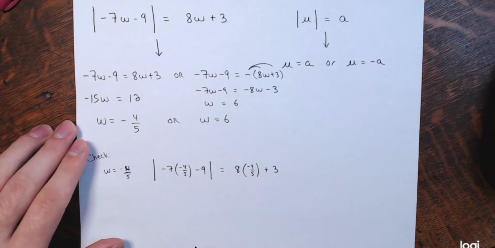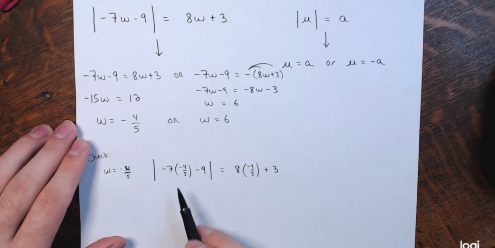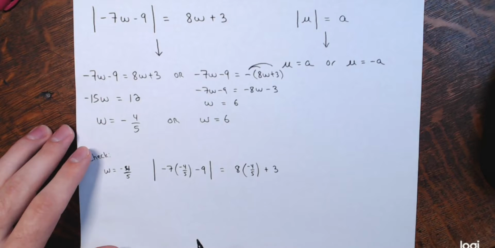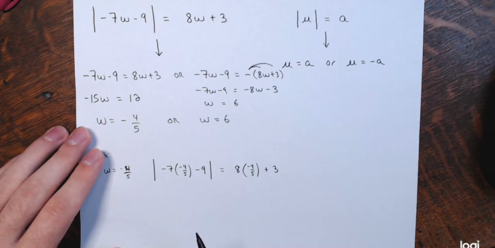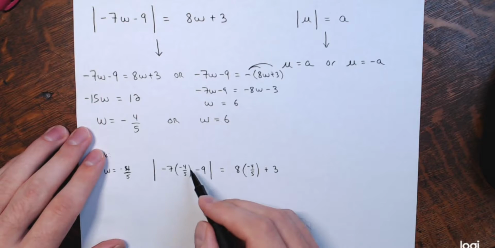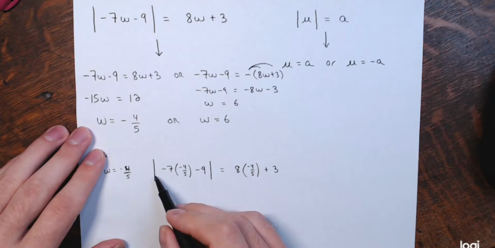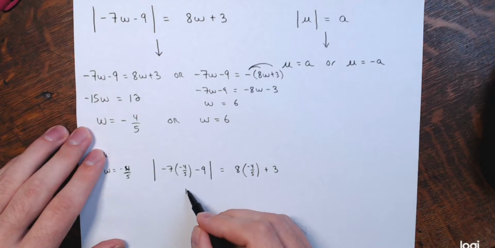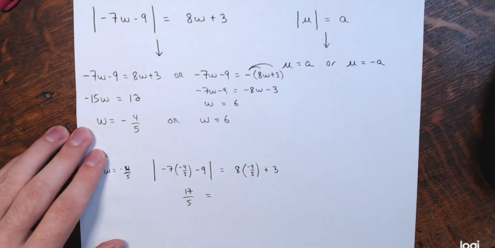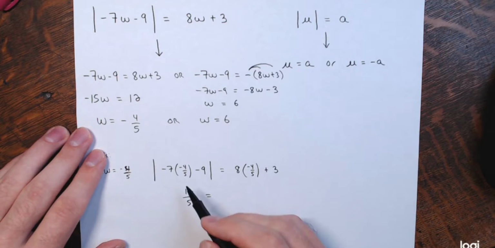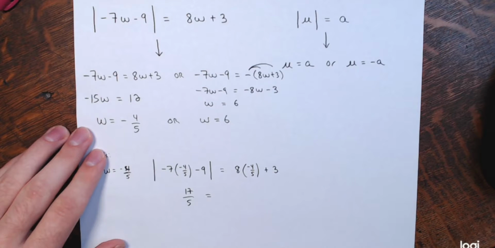After getting a common denominator, 28 minus 45 would be negative 17. So you have the absolute value of negative 17/5, which would be positive 17/5. So the left side simplifies to 17/5. And again, I'm not writing out all the steps. I'm assuming that you have some sort of arithmetic skill.